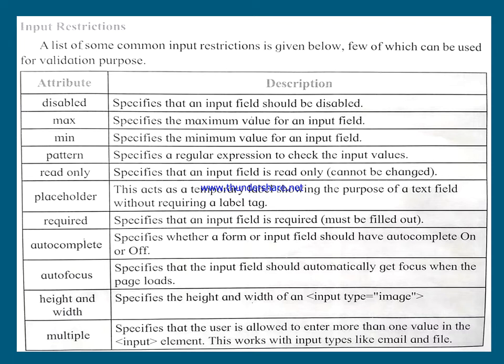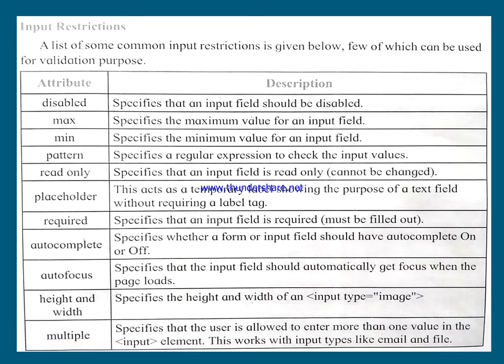As we have discussed this placeholder in the text area, placeholder provides a hint to the user about what should be entered in the provided element itself. So this acts as a temporary label showing the purpose of the text field without requiring a label tag. Means once you specify the text as a placeholder, there is no need to assign any label to the element itself.